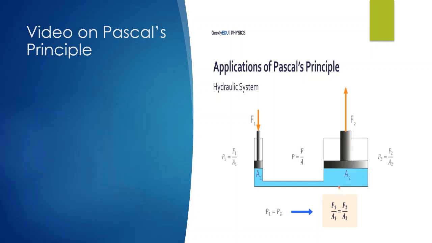So in order for these two sides of the equation to be the same, if we have a small area and a small force, and on this side here we have a large area, the force needs to also be large to keep the same ratio on both sides. Okay, this is the principle that we use in most of the hydraulic systems.